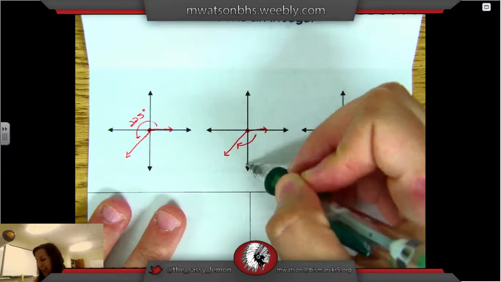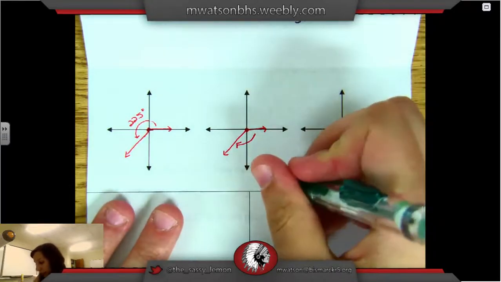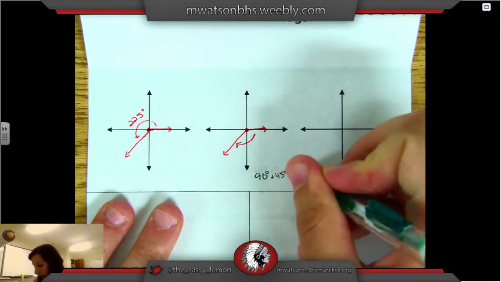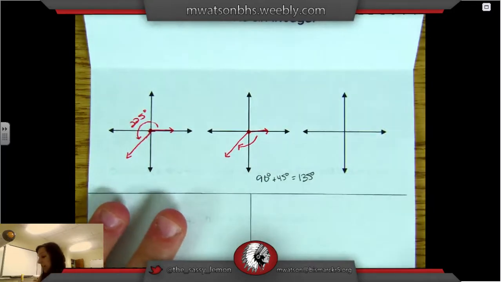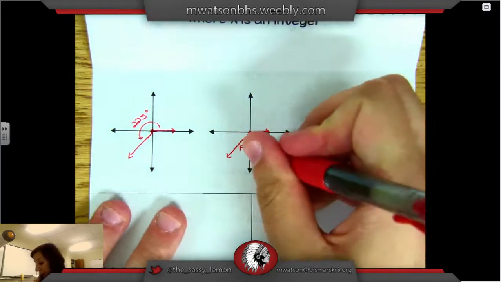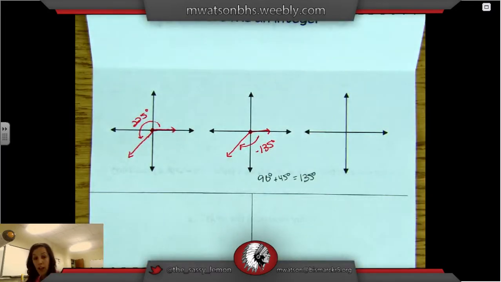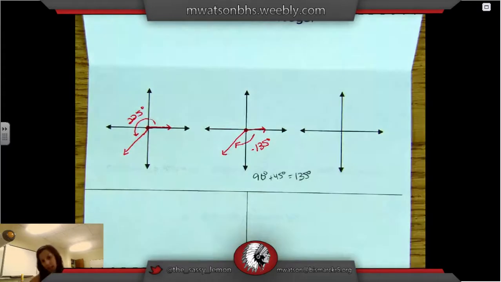Well, what's exactly half of 90? Well, that's 45. So this angle is, dun dun dun, 135 degrees big. But since it's in the negative direction, we call it negative 135 degrees. So you can see they're totally different angles, yet they look the same except for the direction that they're going.